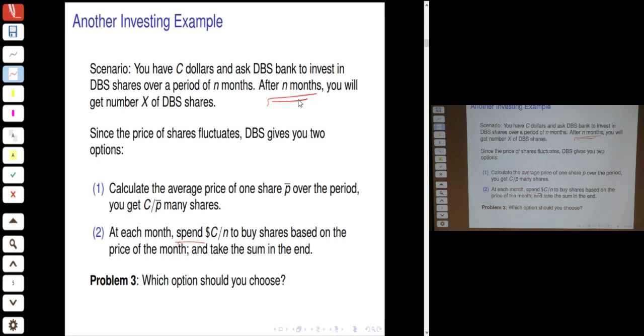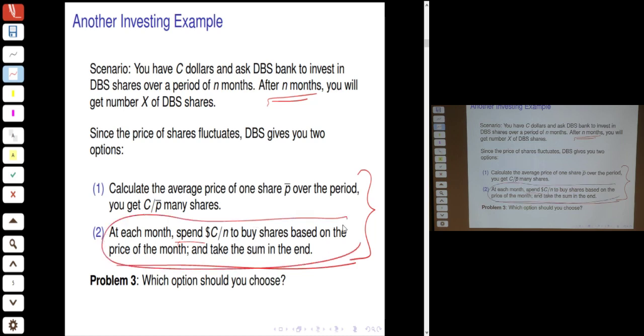So DBS, in other words, provides me two strategies. One is to divide the money into equal segments for each month and buy shares equivalent to that amount of money at the market price for that month. So that's one strategy.